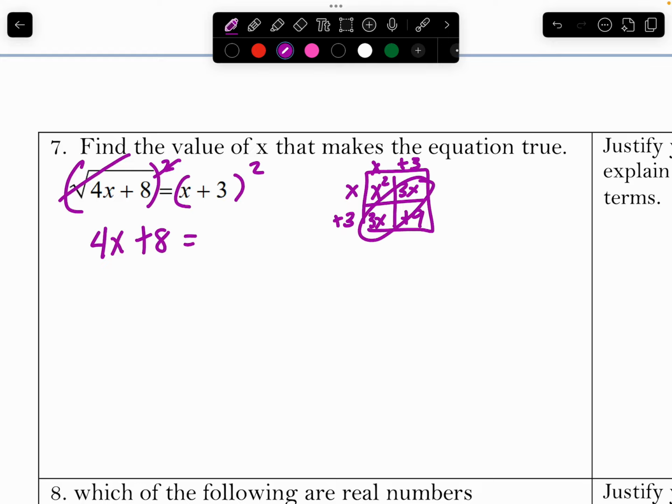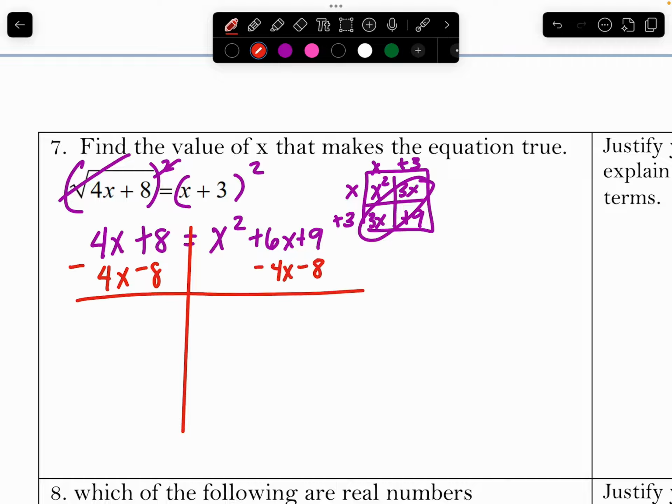So I'm gonna go fast. So this becomes x squared plus 6x plus 9. Now you see an x squared. Whenever you see an x squared, move everything to one side. Make sure they're in the correct spots. Please be careful about this one, because I've seen some of you still putting positive 4x and moving it to the other side. So it's x squared plus 2x plus 1.